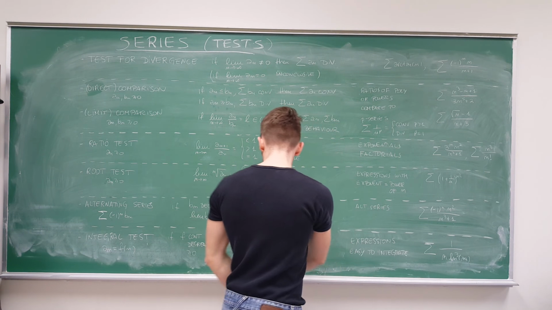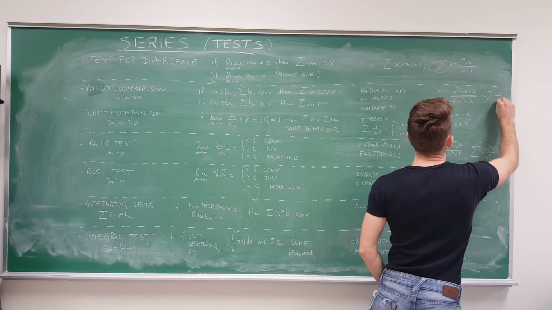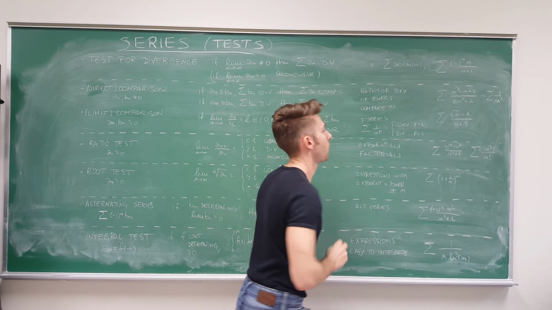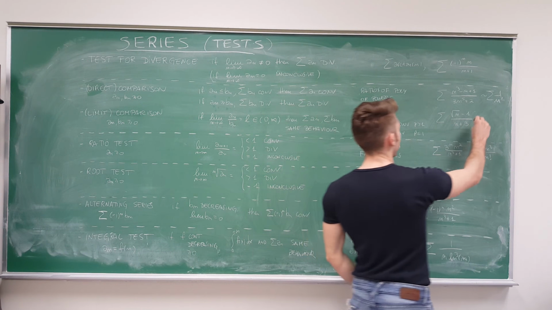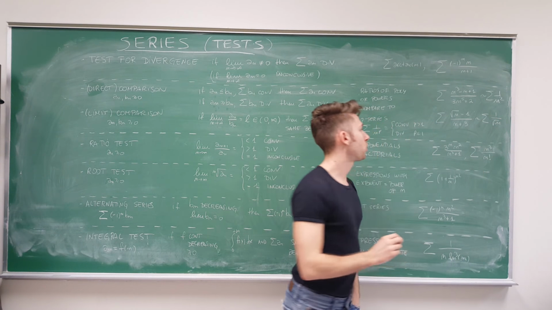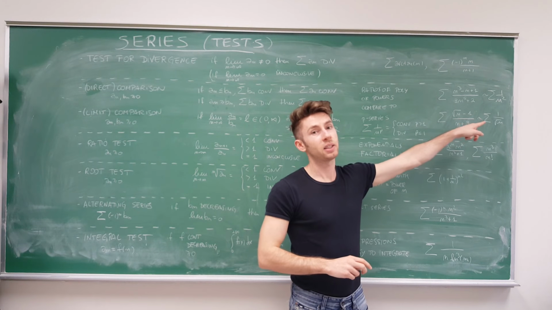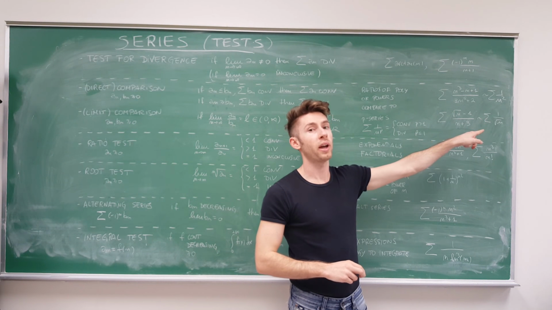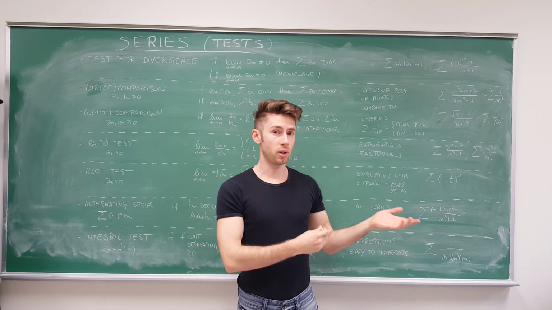So that one is going to be compared to the series of 1 over n squared. And same you can do for the other one. This one you can compare to the series of 1 over square root of n, because here we have square root of n divided by n, and that simplifies to 1 over square root of n. So this is going to be your bn, and then you're going to do the comparison with those.